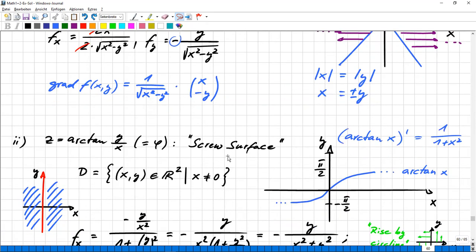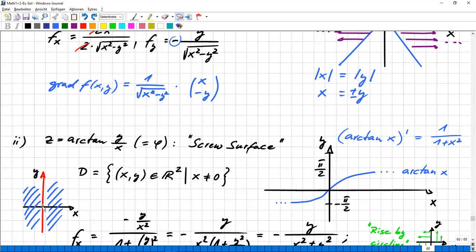You may know what I mean. Really, I'm talking about a screw as a tool, a metallic screw, which has this helix-like structure as a surface. Why is it? Well, it's because z is much the same as phi in this case.